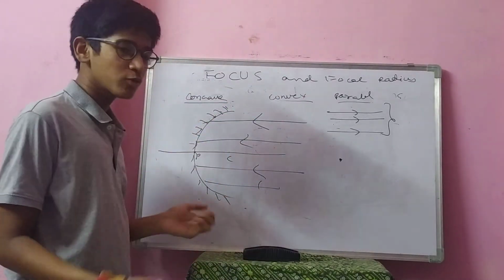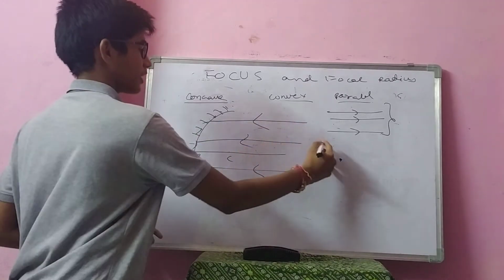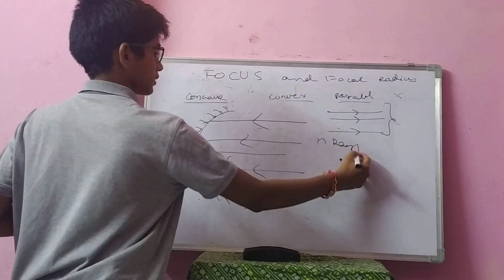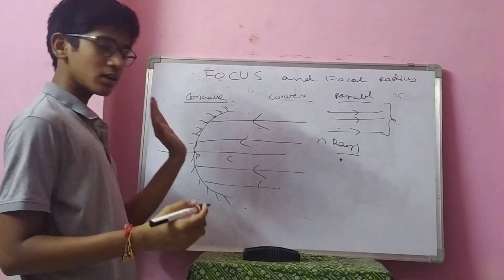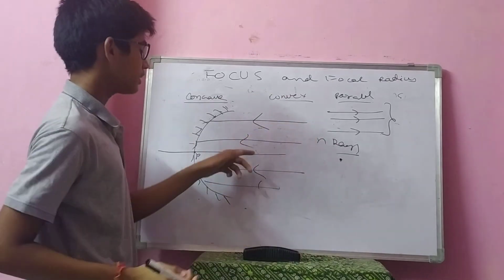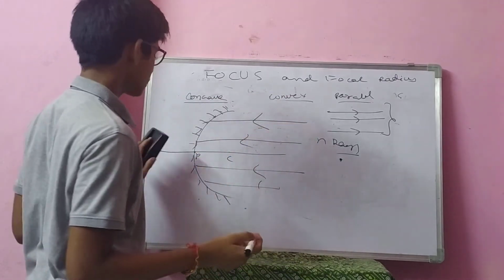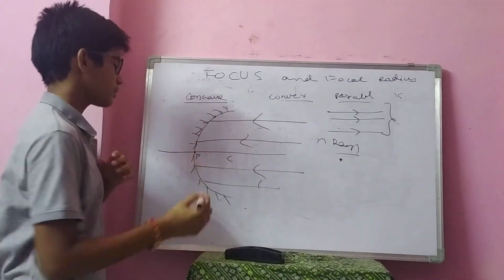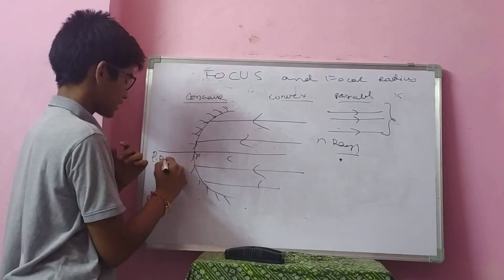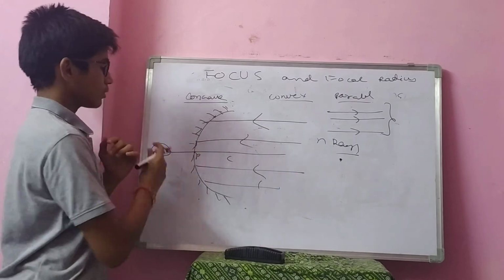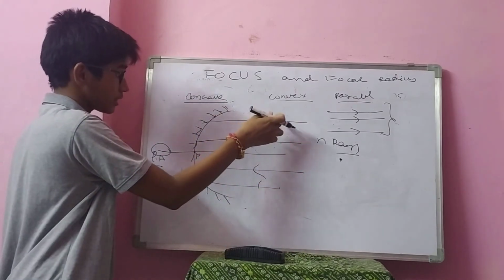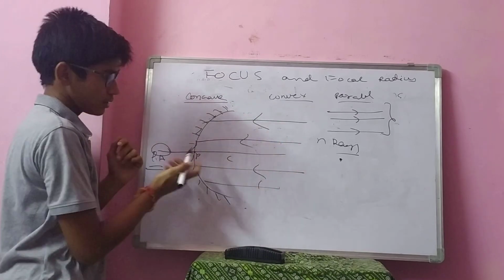They are exactly parallel to each other. In between there is a principal axis. This principal axis also looks like a ray. Parallel rays, in the sense, are the rays which are parallel to the principal axis.